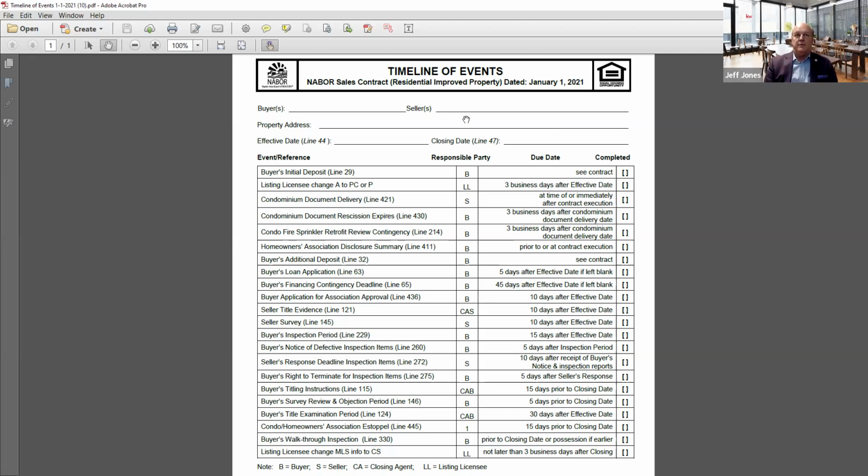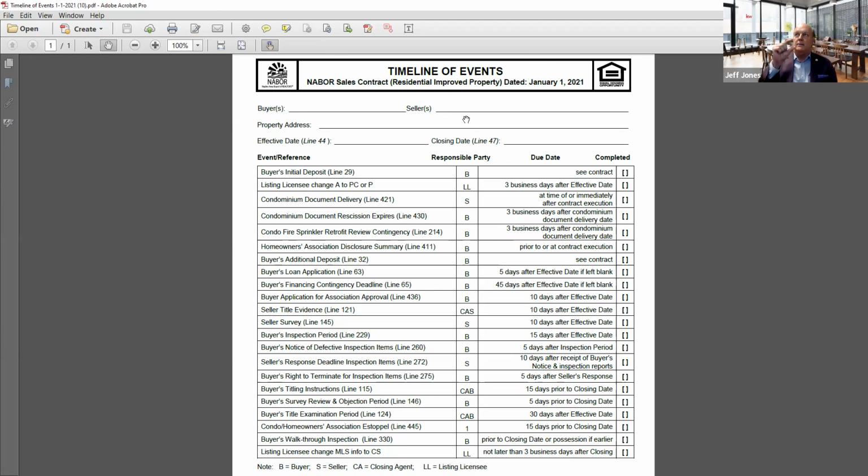So those dates are very important, especially if you submit a request for defective items and you ask for a credit or repair, and the seller sends you back something that's not acceptable to the buyer, either a credit that is well below what they asked for, or refusing to address a defective item.